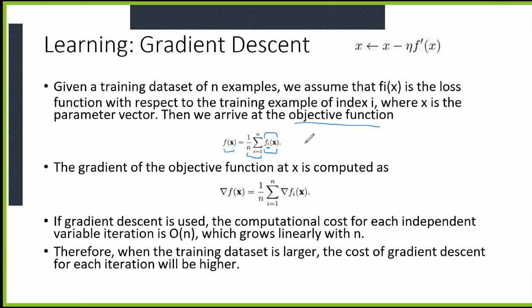In this setting, the gradient of the objective function will also be computed in a similar fashion: first obtaining the gradient for each individual sample and then averaging all the individual gradients across the training examples.